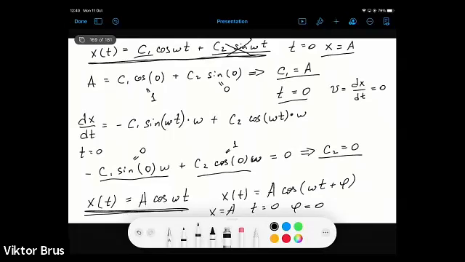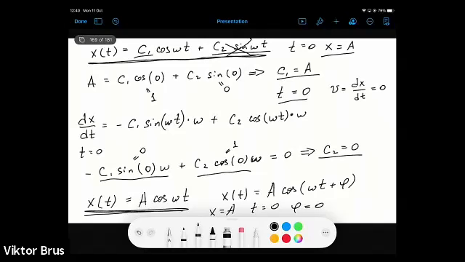However, we can start our oscillation from any point, and this phase constant can take this into account in order to get the equation of harmonic oscillation in the most general form.